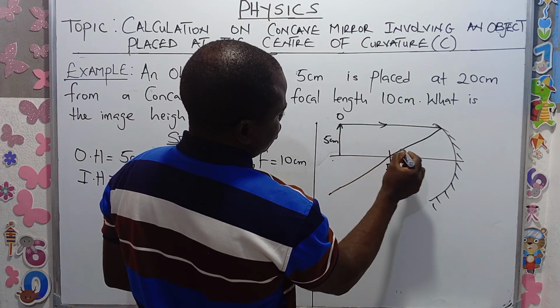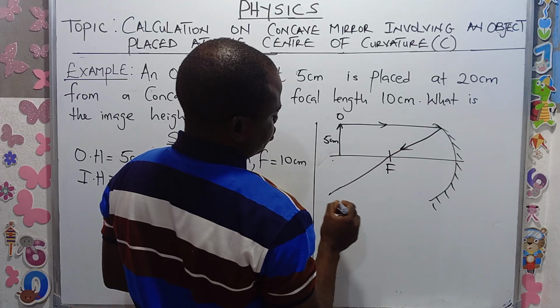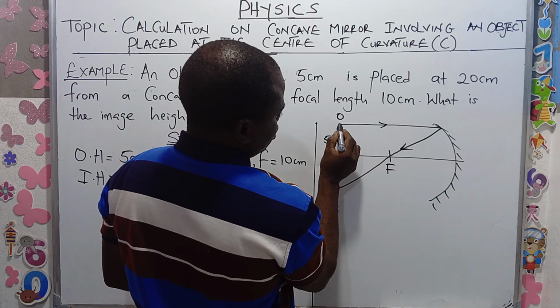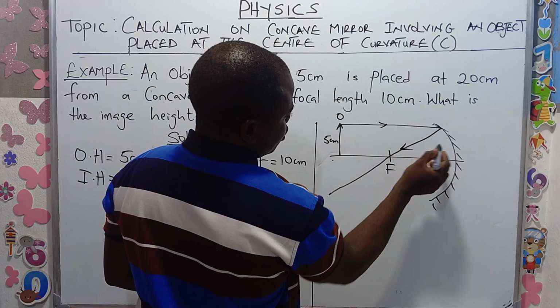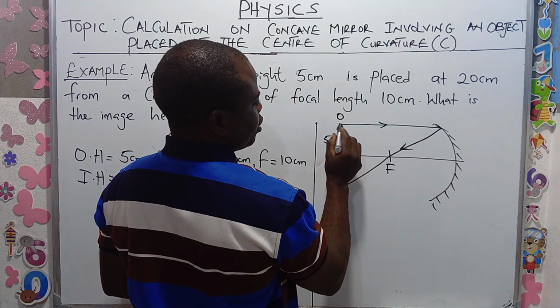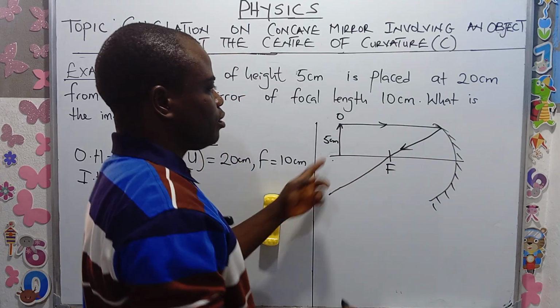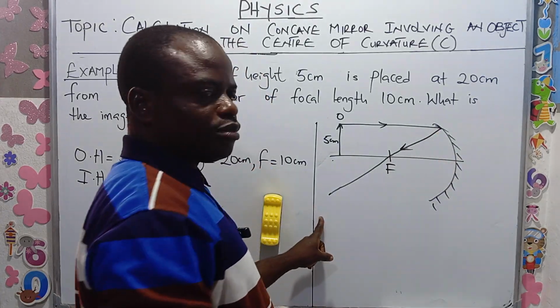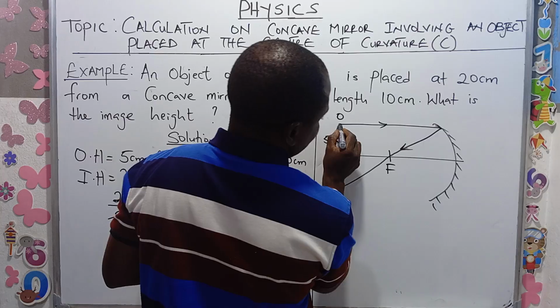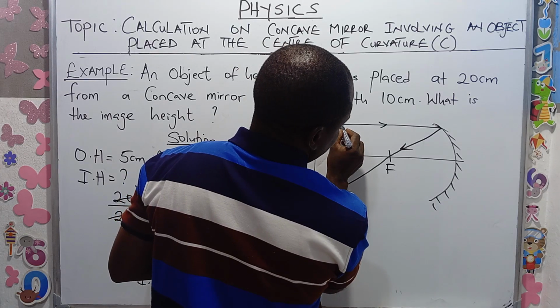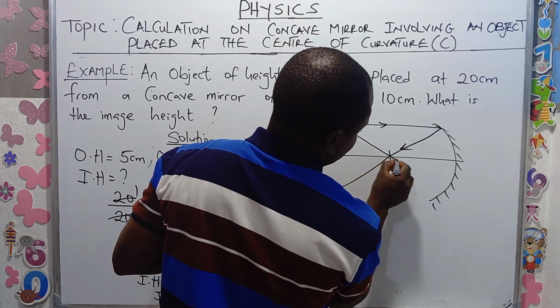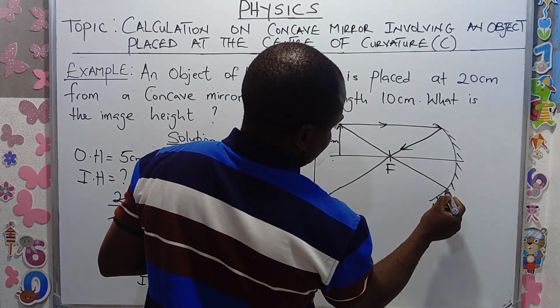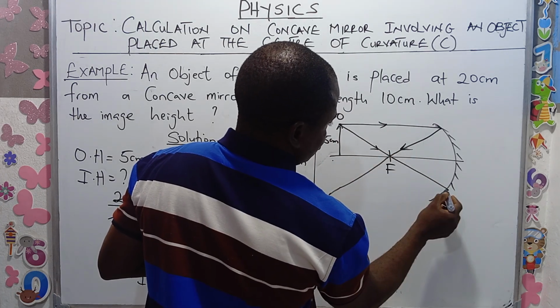Okay, it's the ray diagram. Now the other one: the ray touches the mirror and passes through the principal focus, while the second ray line passes through the principal focus and comes back.